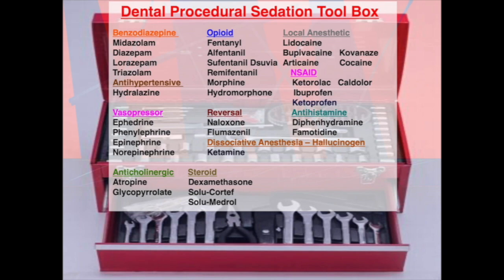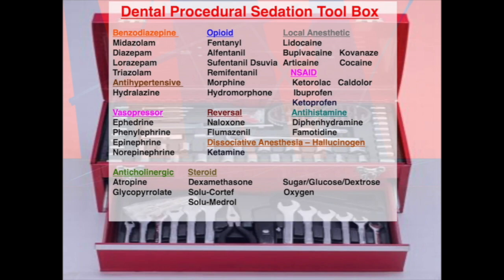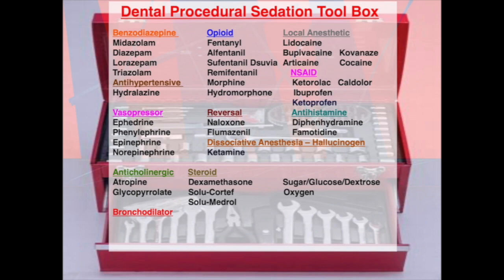We've got several that we use: dexamethasone, Solu-Cortef, Solu-Medrol. Then we've got some that just aren't classified, but that are important drug toolbox meds, and those are sugar, glucose, dextrose, and oxygen. We've got bronchodilators.